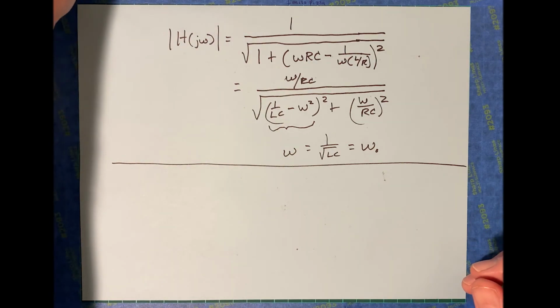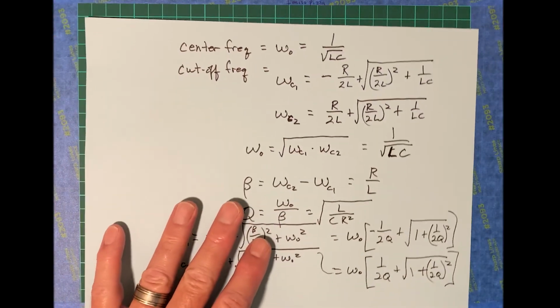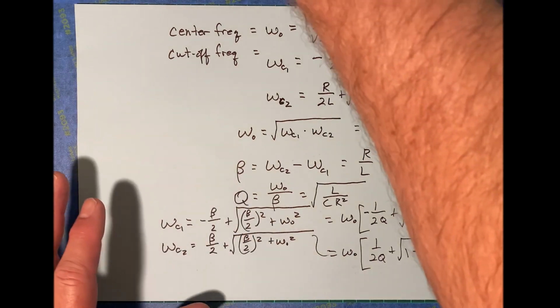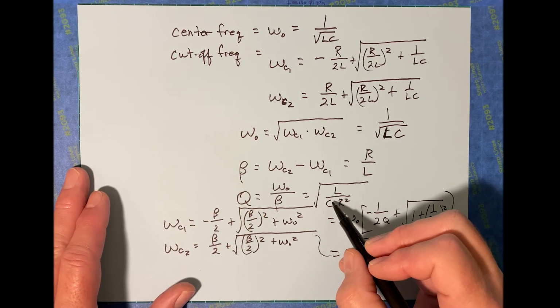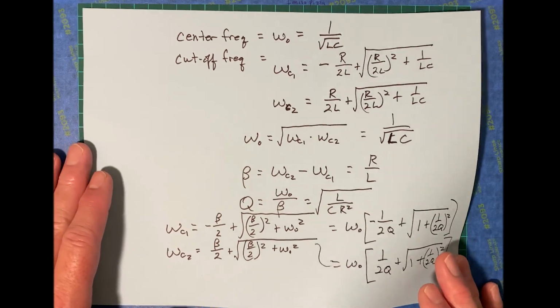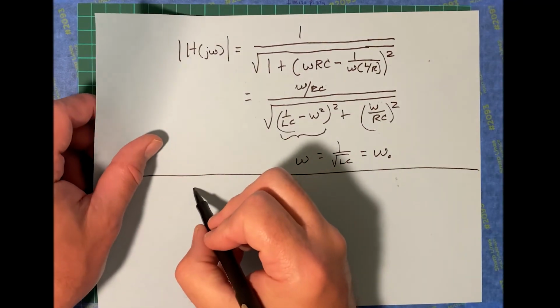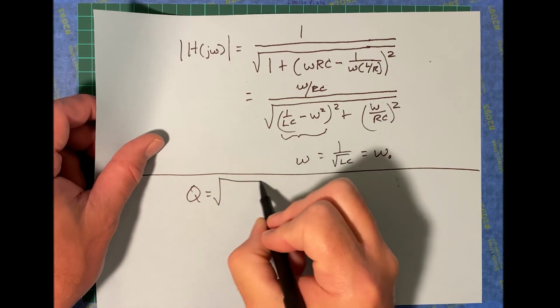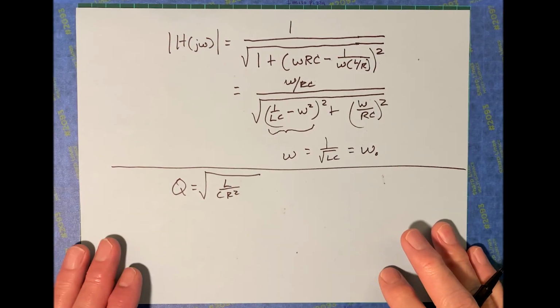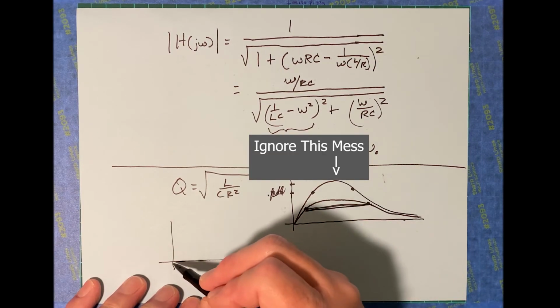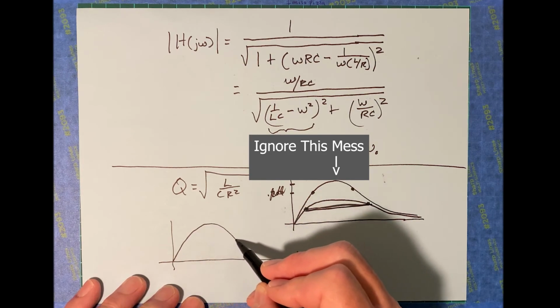First of all, let's go back and look at the quality factor here. I'm going to rewrite that right here. The square root of L like that. For one value of R, I may get something that looks like that.